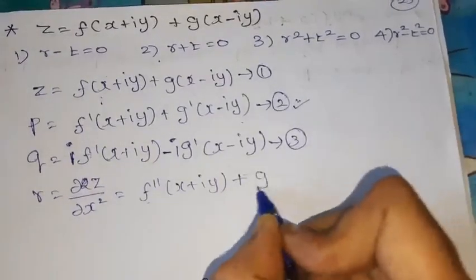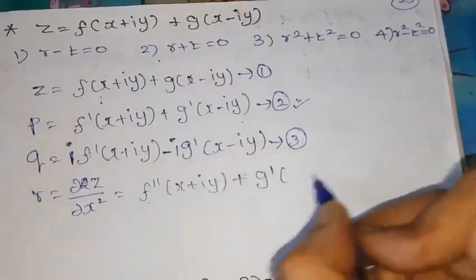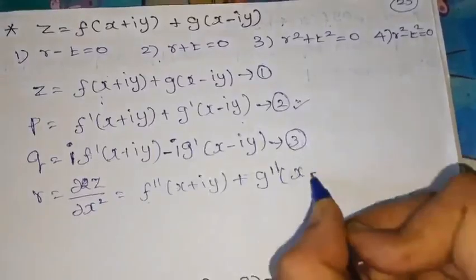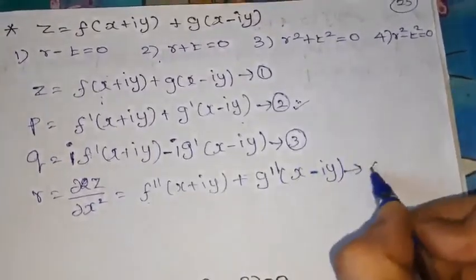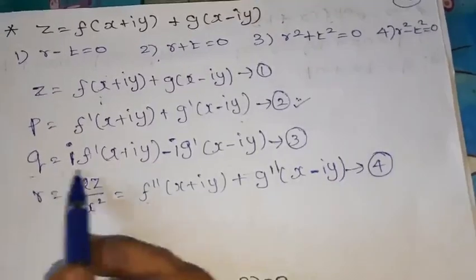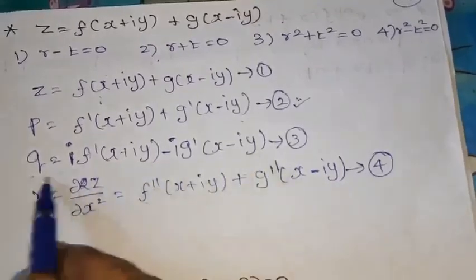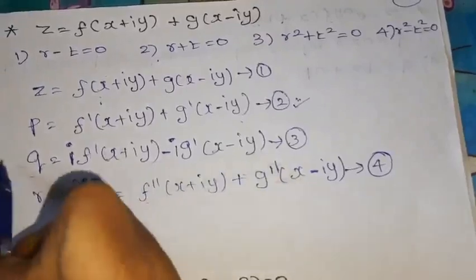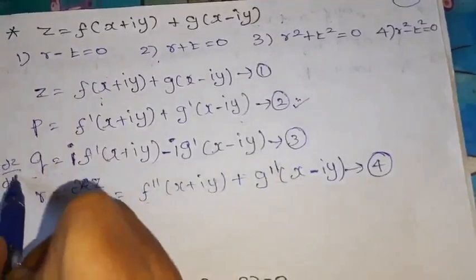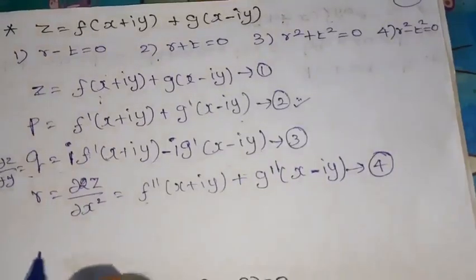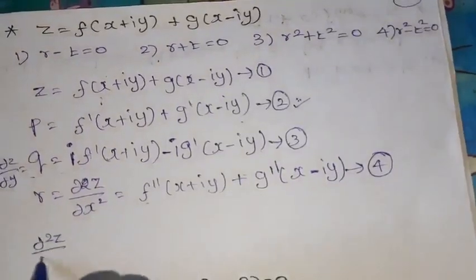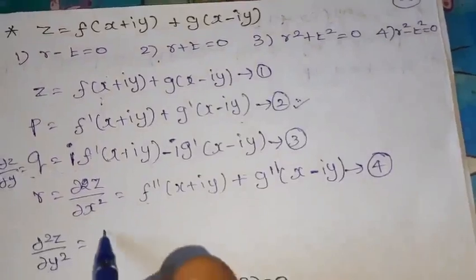So we get the same term, minus g double dash of x minus iy into 1 only. It is equation number 4. Then we differentiate partially with respect to y. It is dou z by dou y. Again differentiating with respect to y, we get dou squared z by dou y squared, which is equal to t.